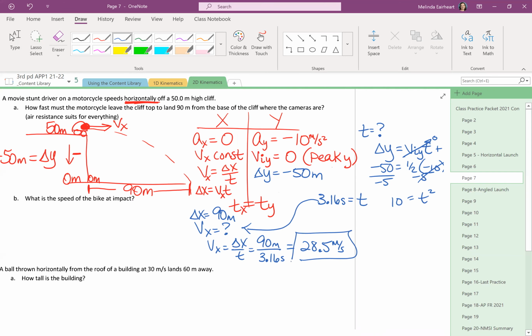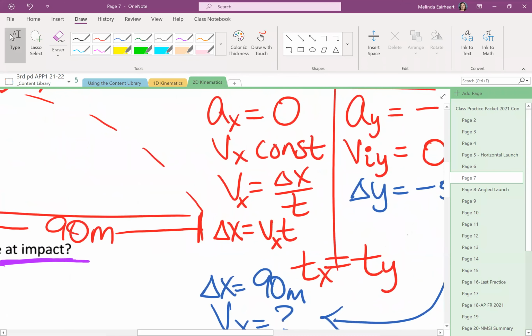Okay, B, what is the speed at impact? Let me zoom in on the impact. So here's something new. We haven't done impact before, okay? Now we have for straight up and down. We're not looking at after the impact. The answer is not 0. We're looking at that last moment it's a projectile, the split second before it hits the ground, okay?